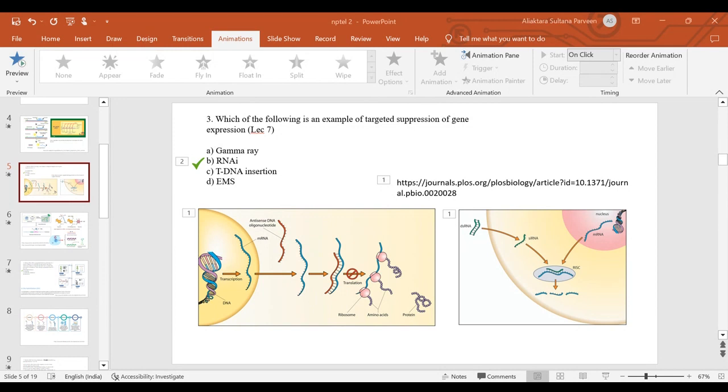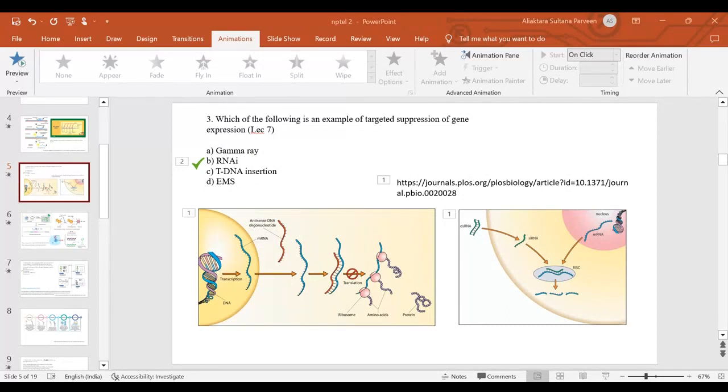After this break happens, there will be some repair system that will come into the picture, and they will just repair it. Of course, they will repair it, but the problem is they will often lead to some kind of mutations. So the repair is actually error prone. Because of that, there could be some phenotypic effect.